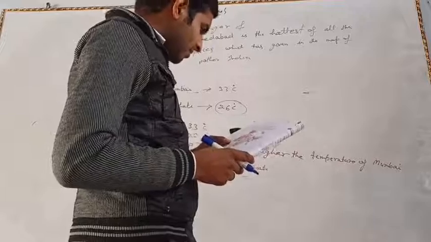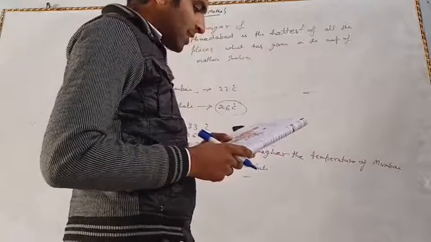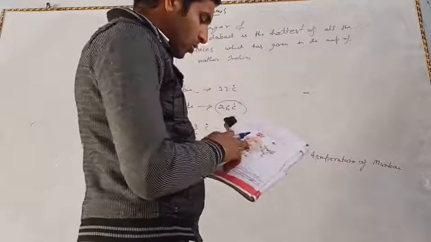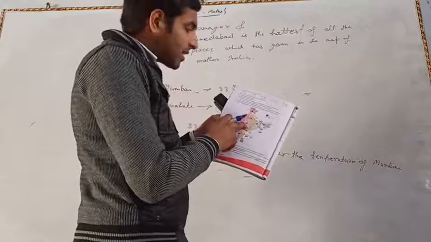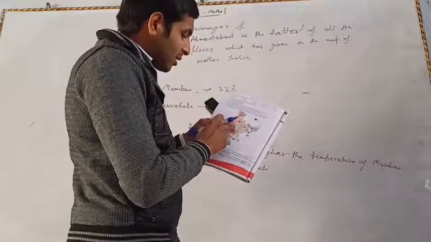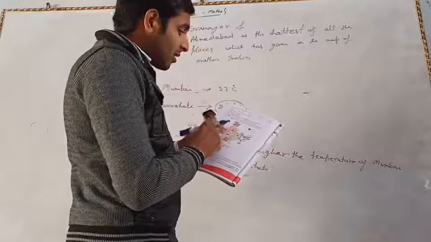Again it is asked how many degrees the temperature needs to rise to reach 40 degree centigrade in Bhopal. You see that the temperature of Bhopal is 37 degree centigrade. So it should rise 3 degree centigrade.